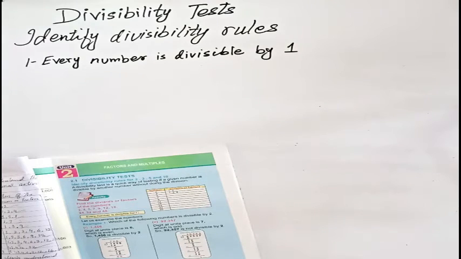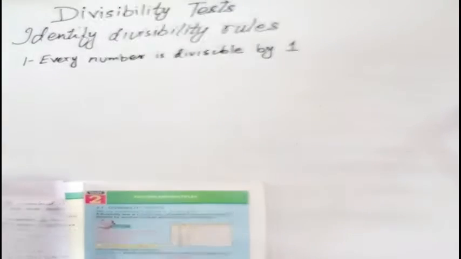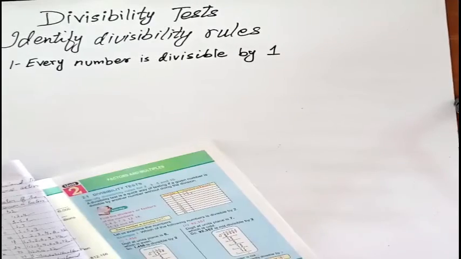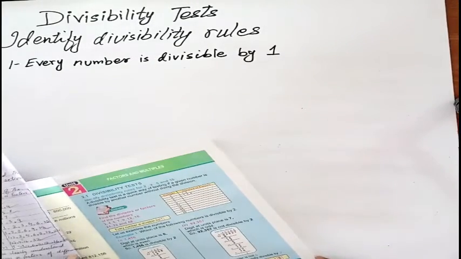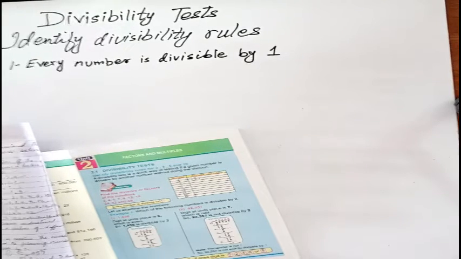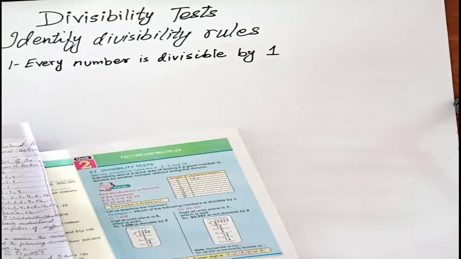Let us examine some other numbers. Suppose two numbers are there, and we will divide both of those numbers with 2. Now students, I am going to divide two numbers by number 2, and with that we will see whether these numbers are divisible by 2 or not.